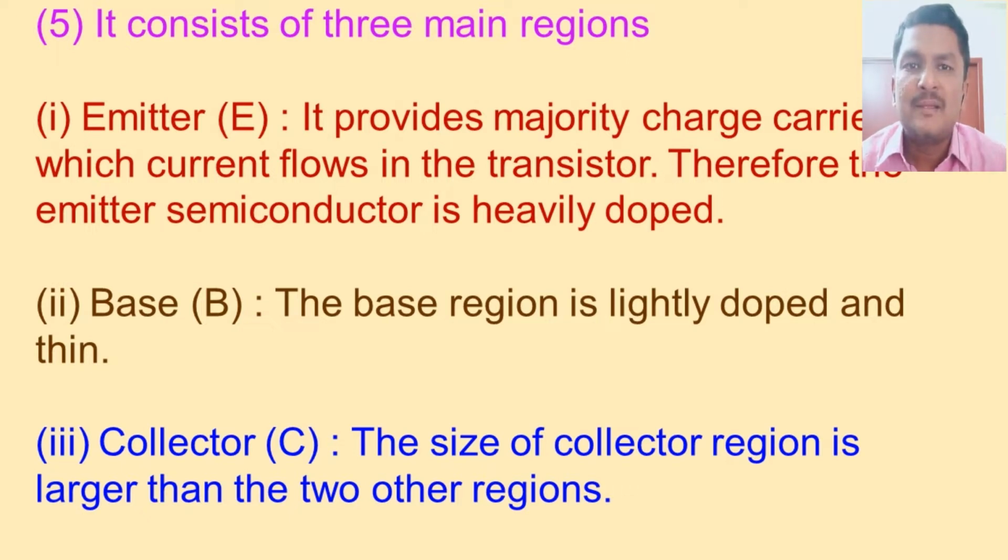Okay, so in PNP transistor, the emitter and the collector are P-type semiconductors. So practically how we recognize which one is emitter and which one is collector.